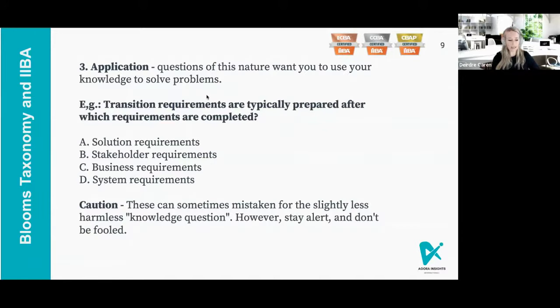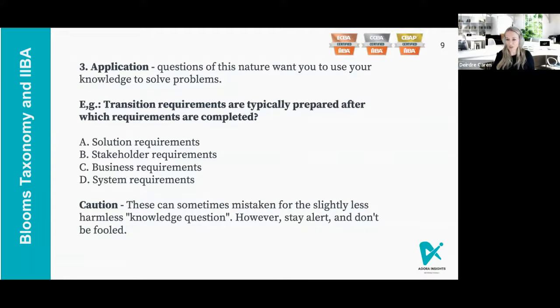And so when we look at level 3, what you're doing here is the application of your knowledge. You're wanting to understand the nature of how this problem is being solved. So still a very simple question, but it can be mistaken for slightly less harmless than just a knowledge question. So you need to stay alert and not be fooled.